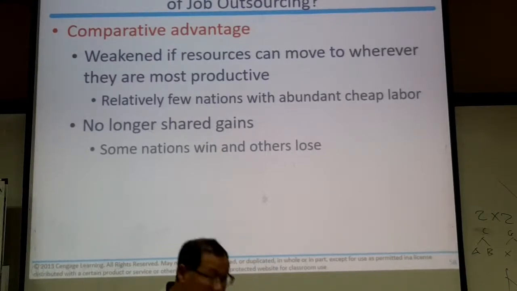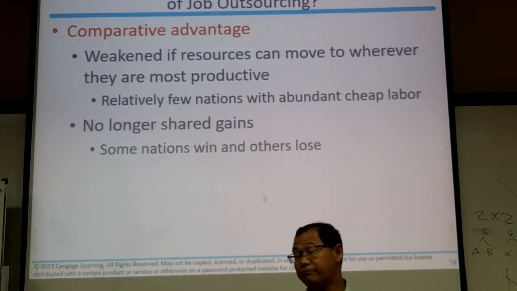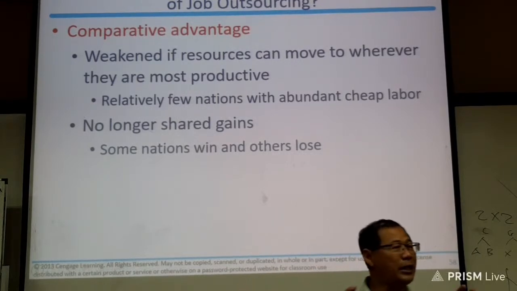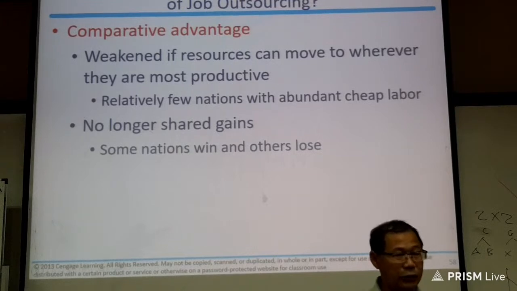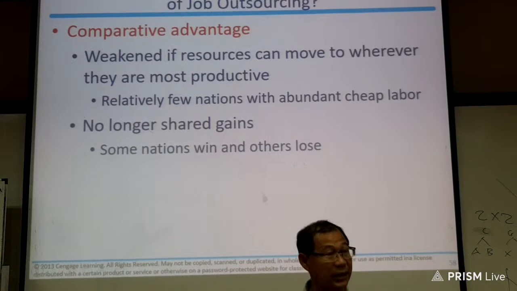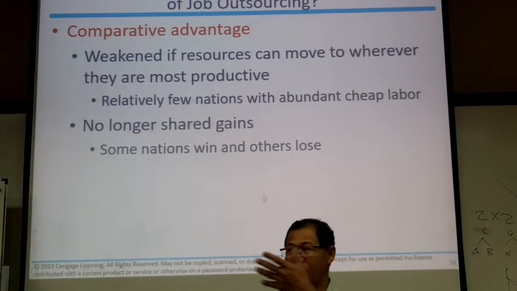You must remember the assumption of the Ricardian model. Labor can only move within the same country, either industry X or industry Y, within the same country, not outside. Labor cannot move from Malaysia to Indonesia.